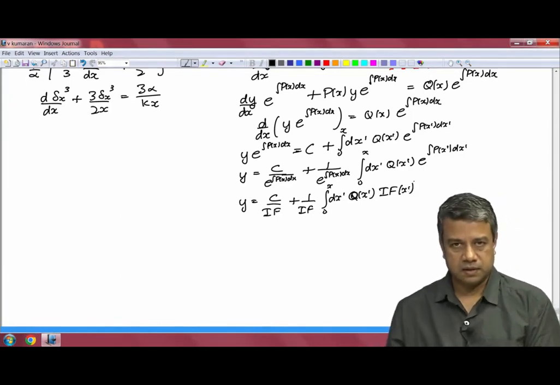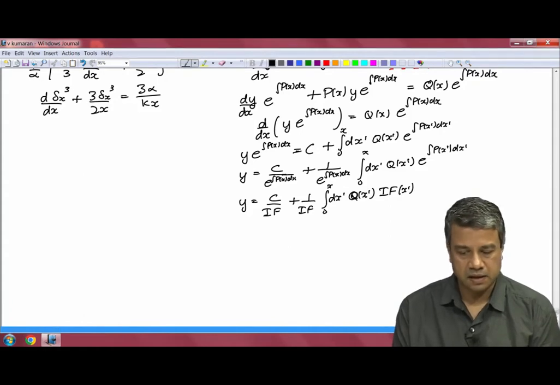So, that is the solution of this equation by the integrating factor method.